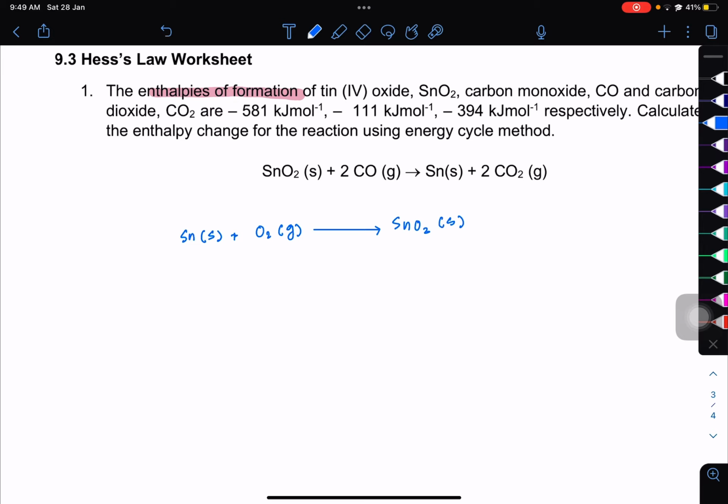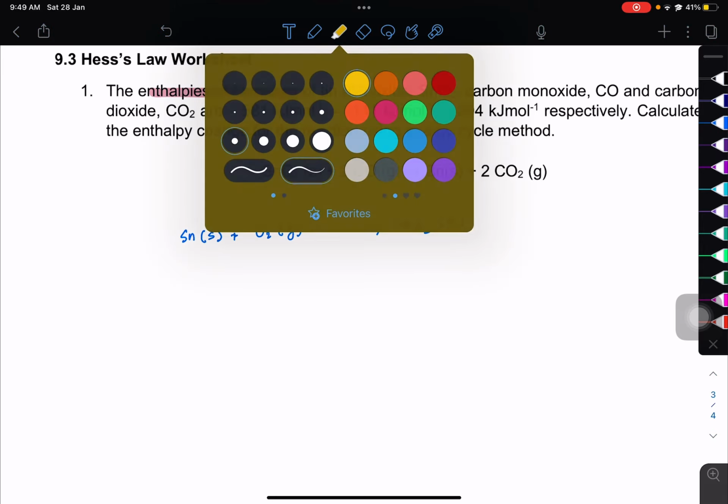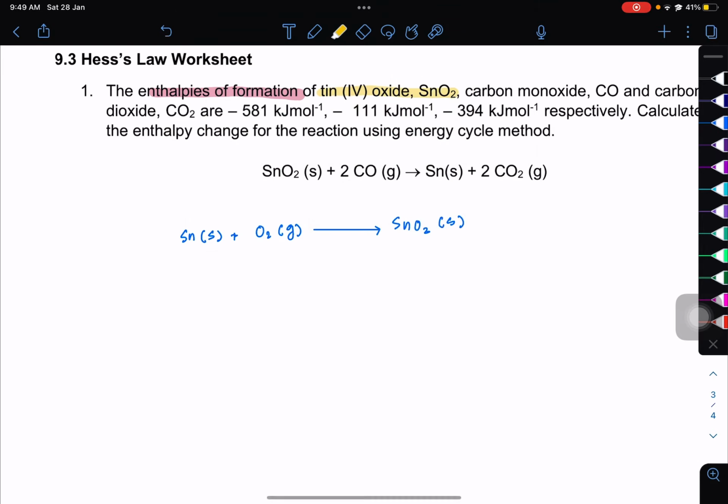The second one is carbon monoxide, which is a gas. It is formed from carbon in solid plus oxygen in gas.